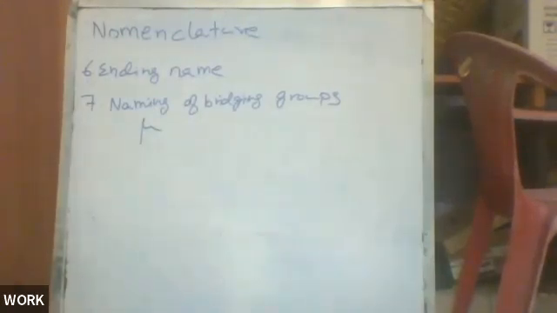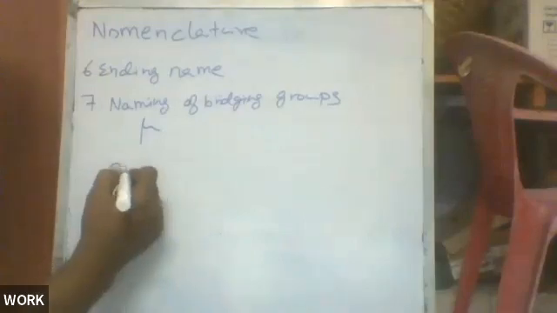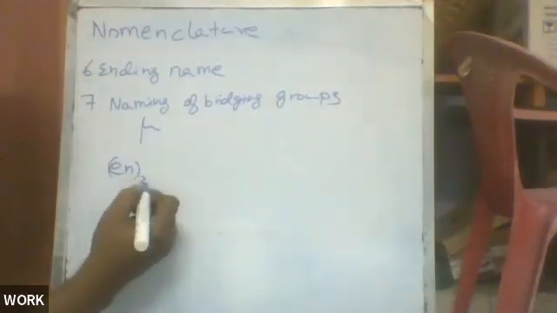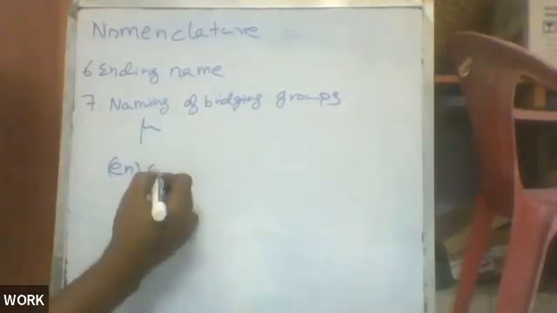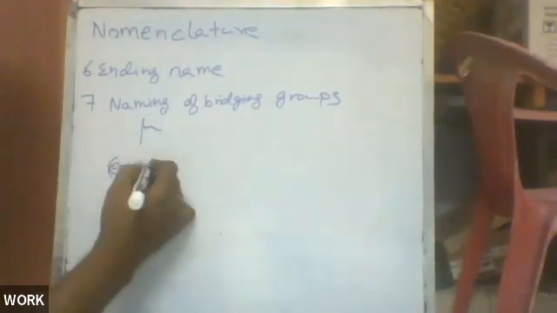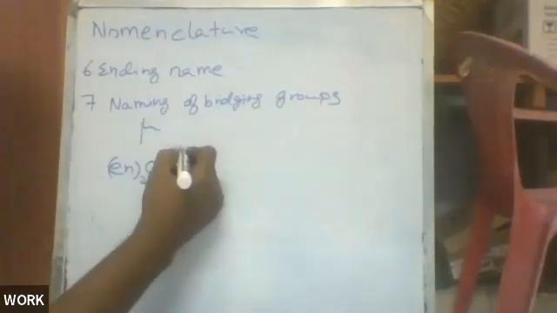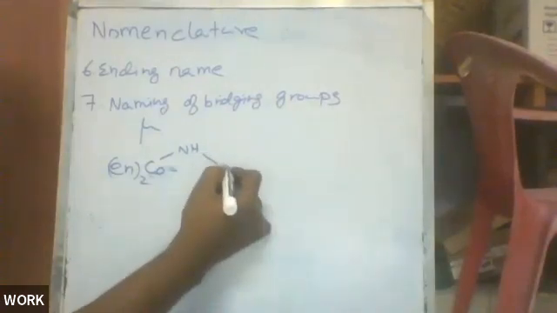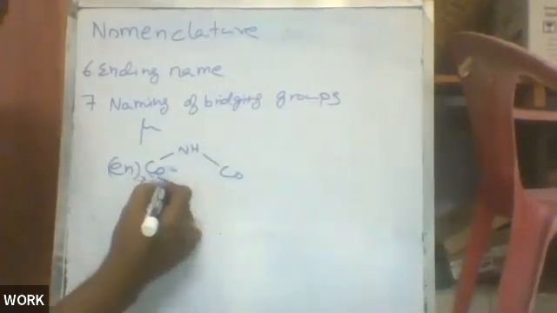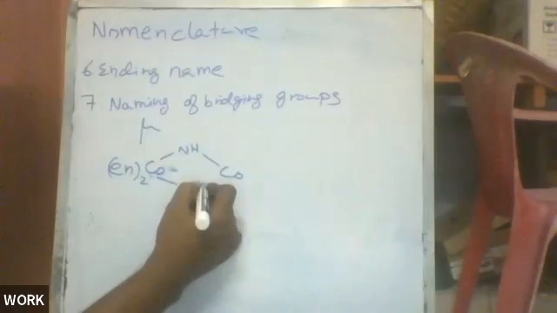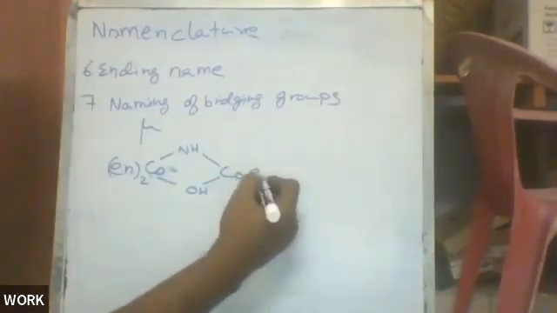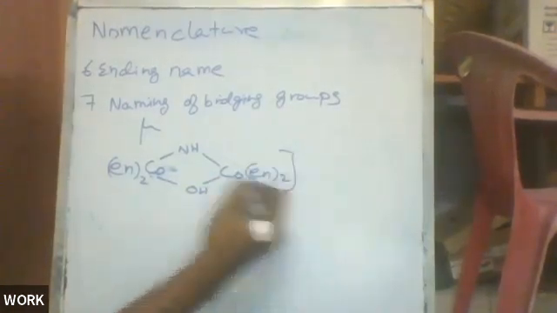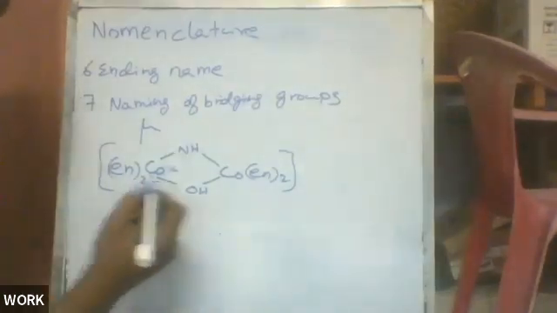Such a ligand is separated from the rest of the complex by a hyphen. Consider this complex: en twice attached to Co, Co bound through NH, Co also bound through OH, then en twice.